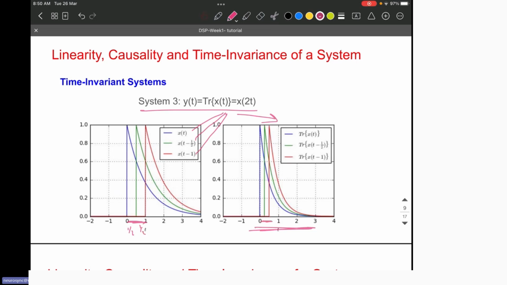No, the shift is reduced, or minimized. You can see the same pattern in the output, but it is not shifted by the same shift as the input. Therefore, again, we can say that this is a time varying system.